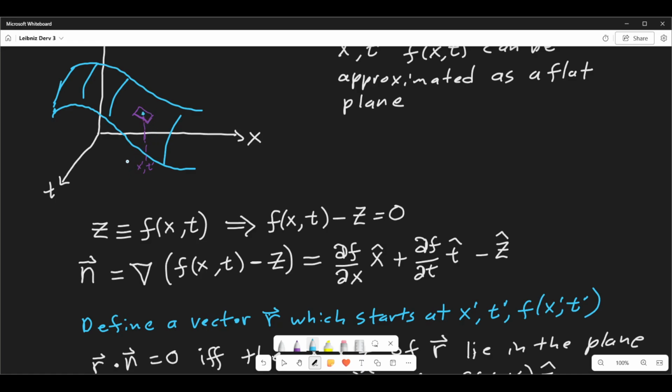So it's fully determined by t prime, which basically determines x prime, and gives the normal vector.